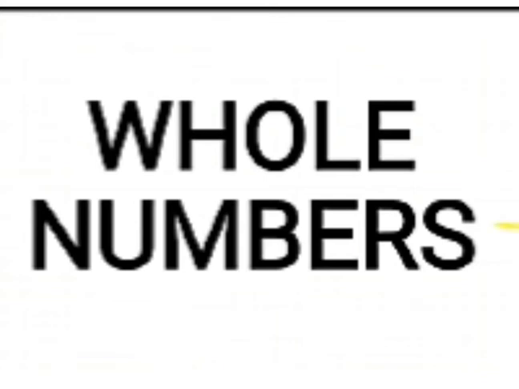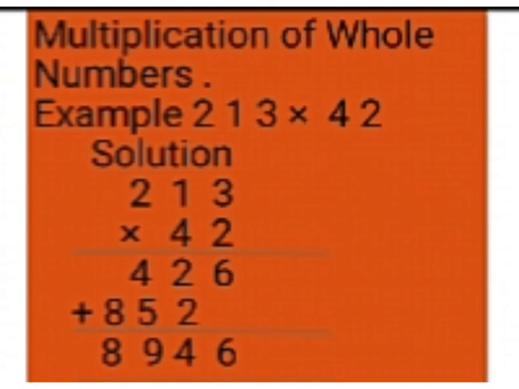So, equally, multiplication of whole numbers, addition of whole numbers, subtraction of whole numbers, word problems on whole numbers, all those were subtopics on whole numbers. But today we'll just be taking a good example with multiplication of whole numbers.